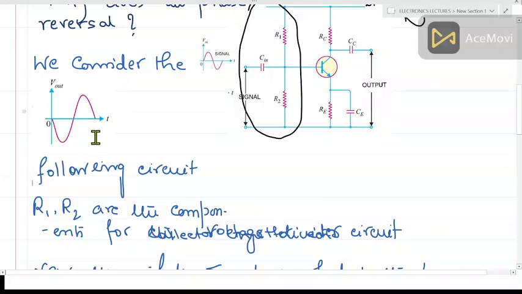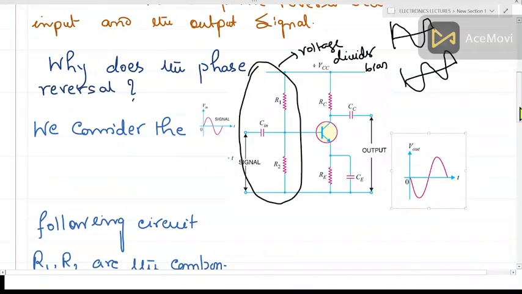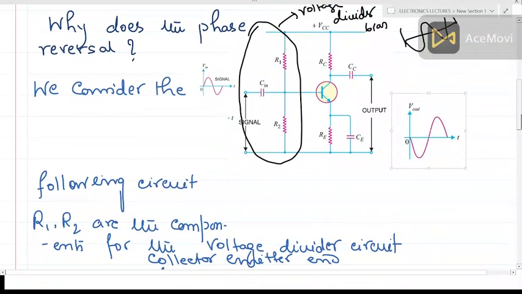Now at the output end you get the signal like this. And this is the point where many times a student is confused about what is happening and how it is happening. You see the positive peak here, and the negative peak here. It is not that the positive is becoming negative.